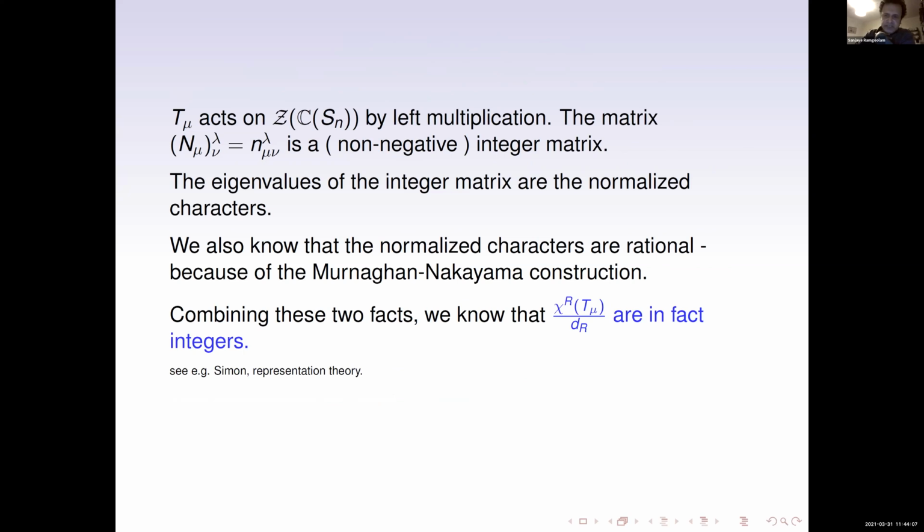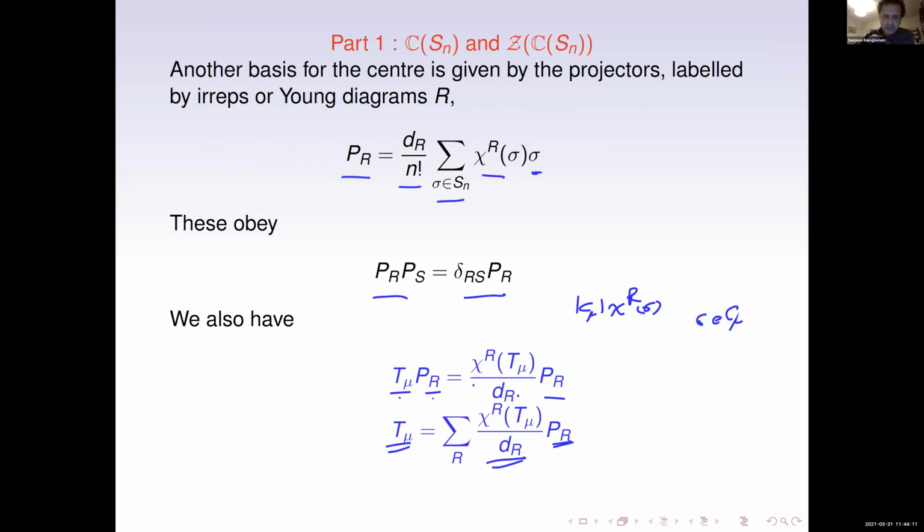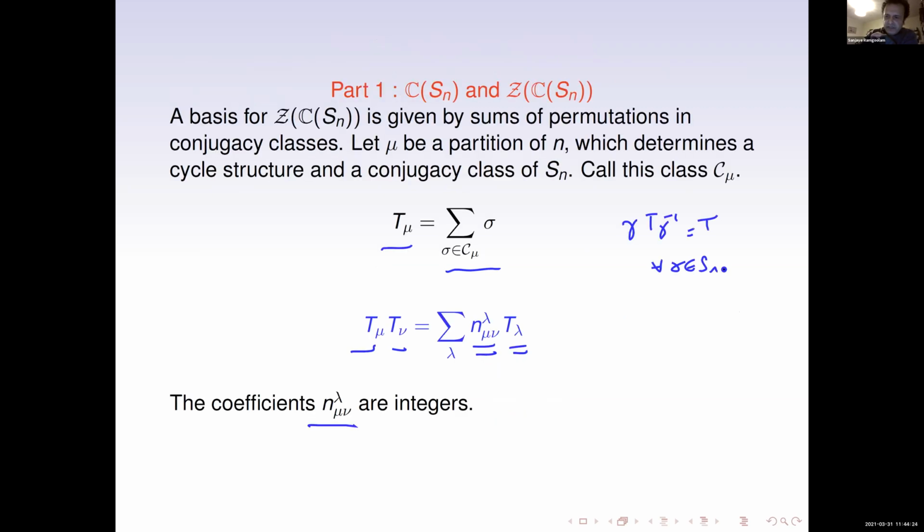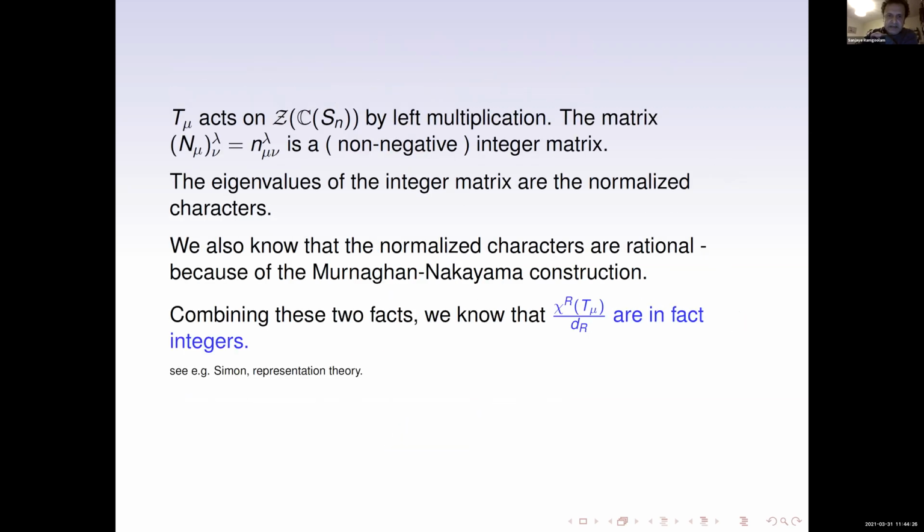Well, the eigenstates of that multiplication operation are simply these projectors, because when you multiply these projectors, you get back this. So these normalized characters are the eigenvalues of this integer matrix that you have here.